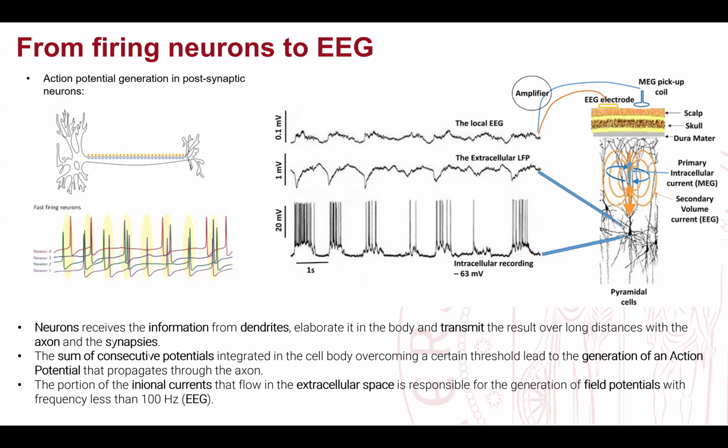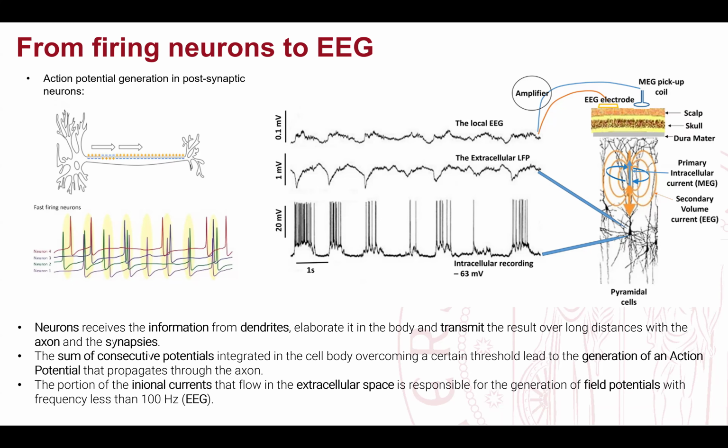It is our scalp, our skin, the dura mater, and they work like a filter. When this high frequency signal passes this layer, the high frequency components, which are the smaller ones, are filtered out. So what we receive through the EEG electrode is actually the low frequency part of our brain activity.